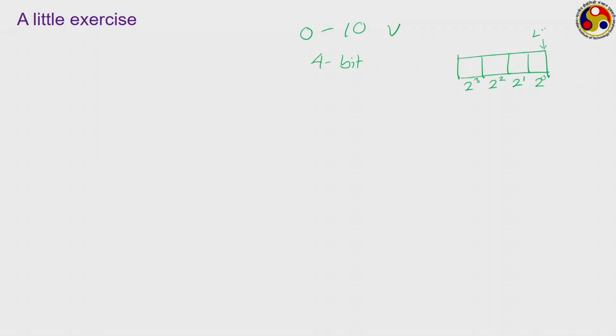This one is the least significant bit, and this one is the most significant bit. So, I repeat, it does not matter what kind of device you are using, you should get the same binary output.